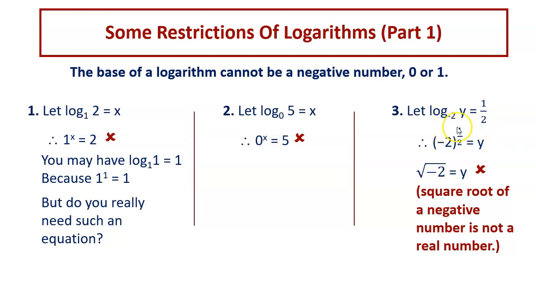The general case can be very easily proved using the change of base property, but since we have not learned any of the properties of logarithms till now, I have shown you this special case. This is one of the reasons why you cannot have a negative number as the base of a logarithm.